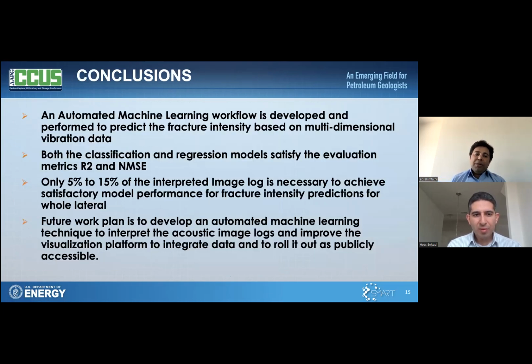And in conclusion, basically what we did, we used this automated machine learning workflow. We did modifications on both the pre-processing and the optimization algorithm to make it some sort of physics-based or physics-informed. And we reduced significantly the amount of log interpretation required by the expert. So almost tenfold.